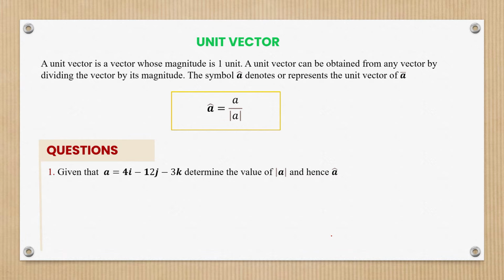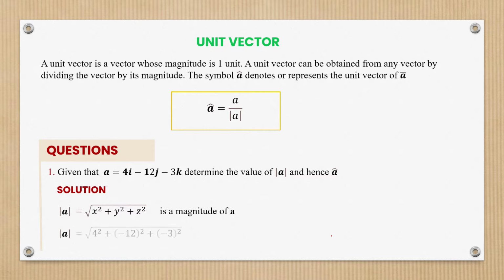Let's look at an example here. Given that A is equal to 4i minus 12j minus 3k, determine the value of, so we have A with vertical bars, that represents the magnitude of the vector A. Then we've been told to hence find A with a hat, so that means we are going to need to find the unit vector of A. So we're going to need to first find the magnitude of A. Now remember that we find the magnitude of A by finding the square root of the sum of the squares of its components.